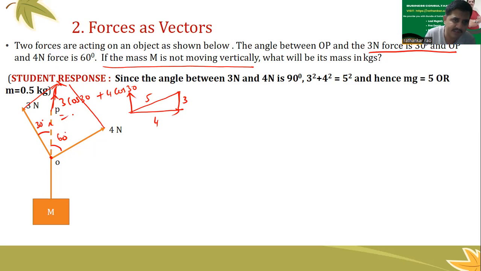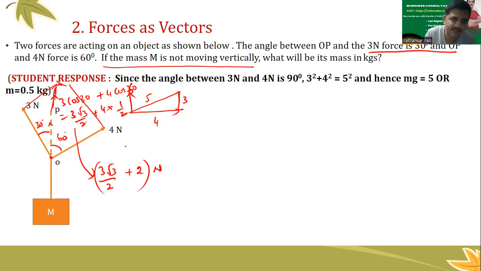If I find out this value, it will be 3 into cos 30, which is root 3 by 2, plus 4 into cos 60, which will be half. Together, the total force is 3 root 3 divided by 2 plus 2. This is the total force that is acting upwards.